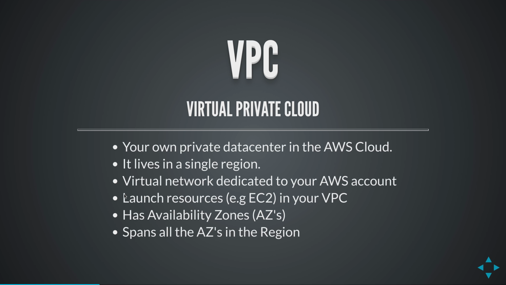As mentioned before, a region has multiple availability zones, and a VPC is part of your region. So a VPC has the availability zones that are part of that particular region, and it spans all those availability zones in the region.